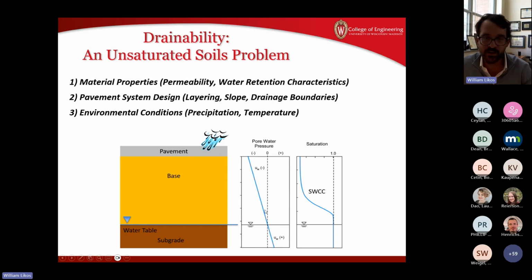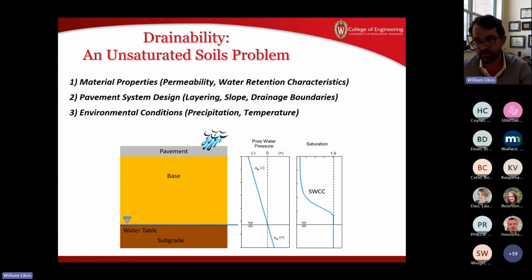So when water is added to the system, let's say it rains or we have a snow melt event or something like that, and water gets into the base, both of those profiles are going to shift to the right. We're going to have increases in pore pressure from negative values to less negative values, perhaps even positive values temporarily if we have ponding at the surface.